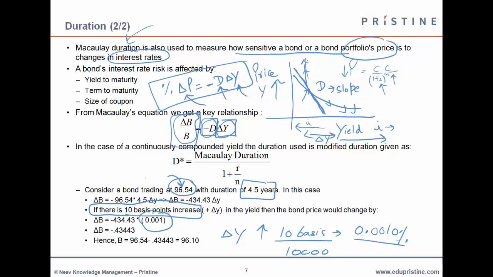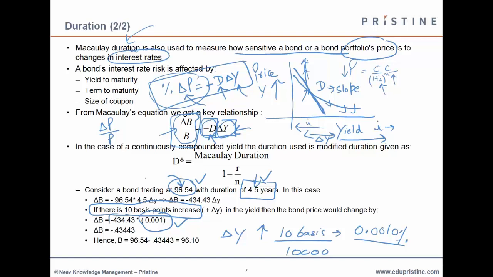Remember this, change in the prices. The percentage change in price is given by change in price divided by total price, equal to minus D into delta y. So delta y is given, and the price is also given, 96.54, into D, the duration.